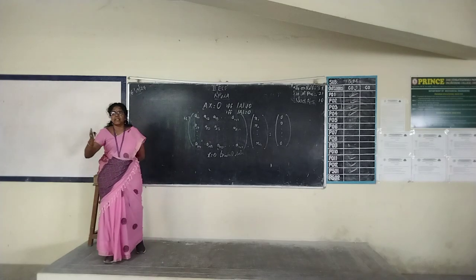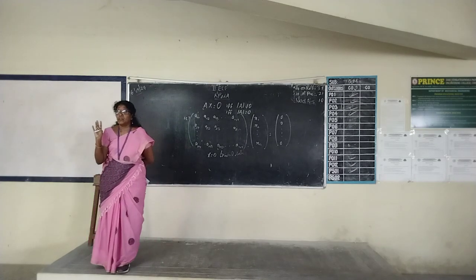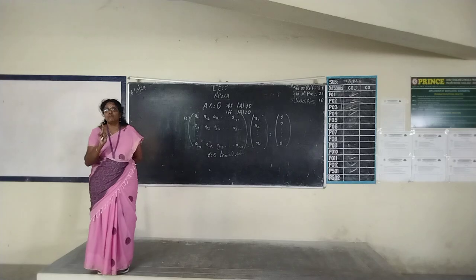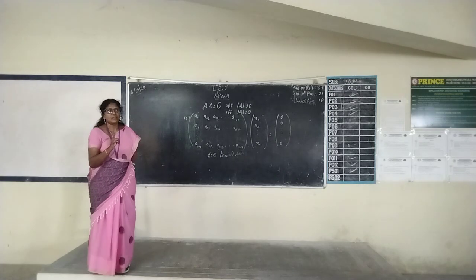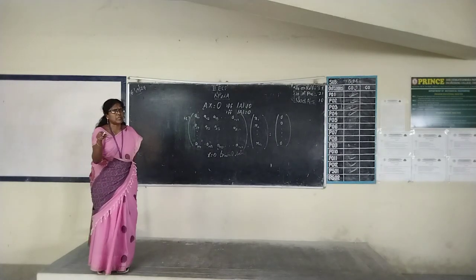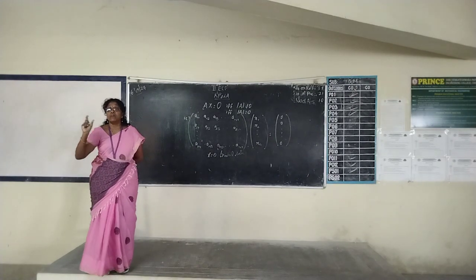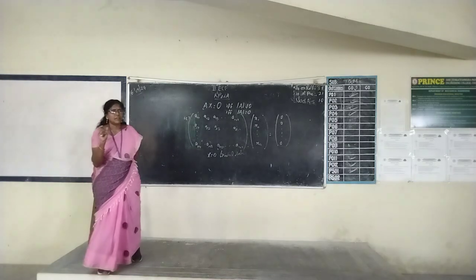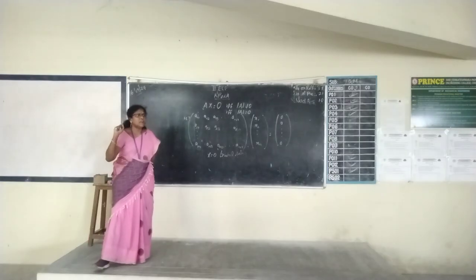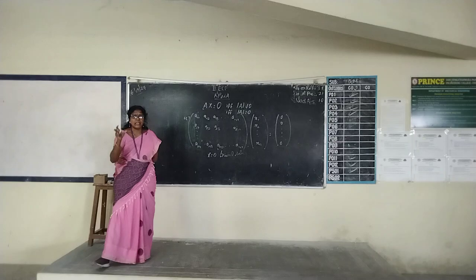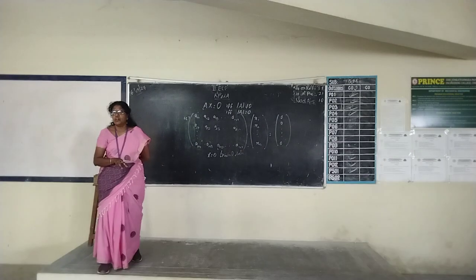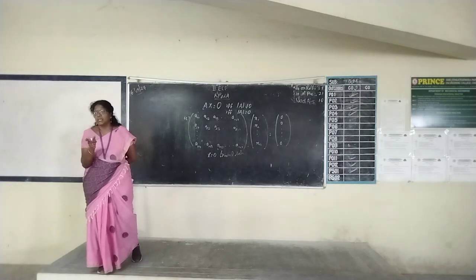For non-homogeneous, there is a separate condition. How do we identify homogeneous and non-homogeneous? All the right-hand side values, that is, the constant terms, should be equal to 0. Then it is homogeneous.